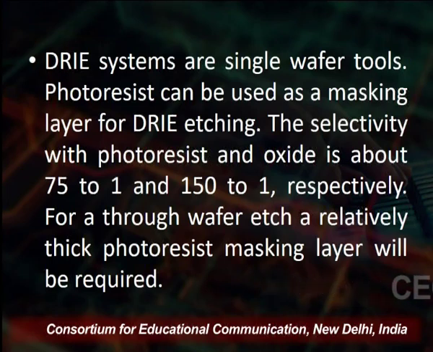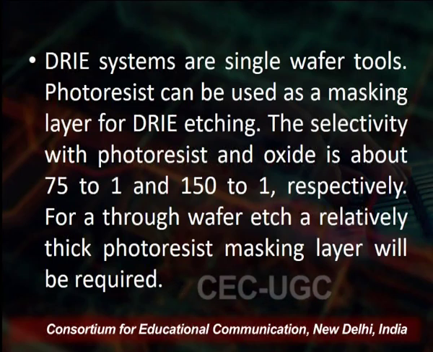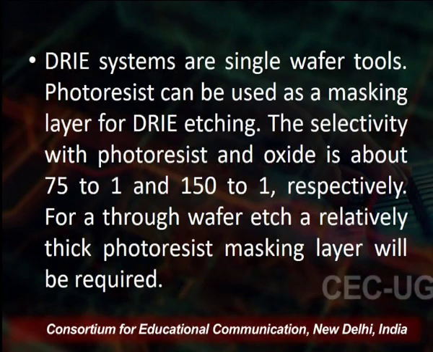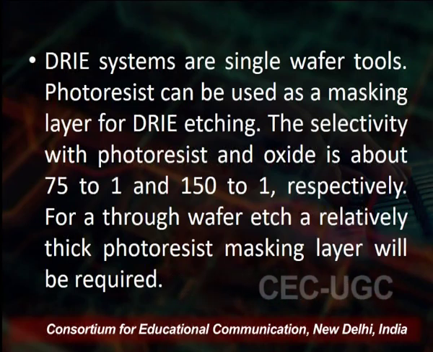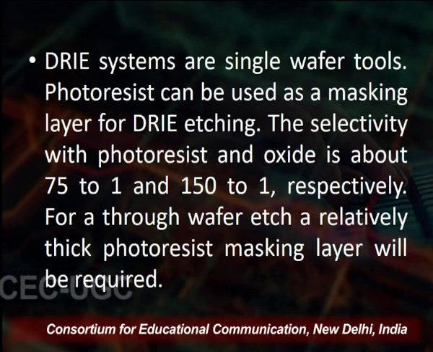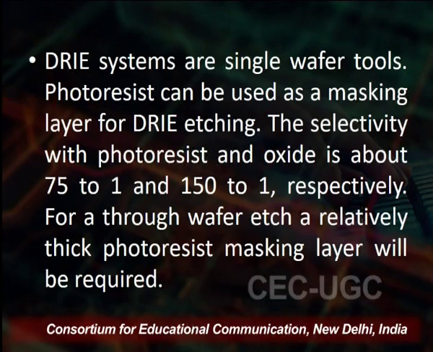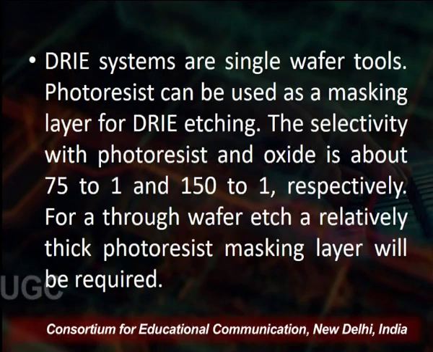Photoresist can be used as a masking layer for the DRIE etching. The selectivity with photoresist and oxide is about 75 to 1 and 150 to 1 respectively. For a relatively thick wafer etch, a thick photoresist masking layer will be required.